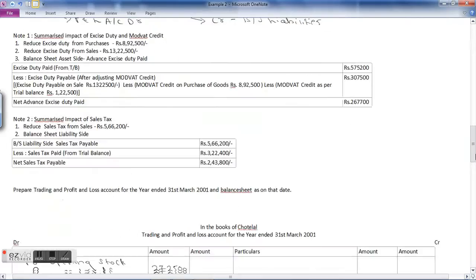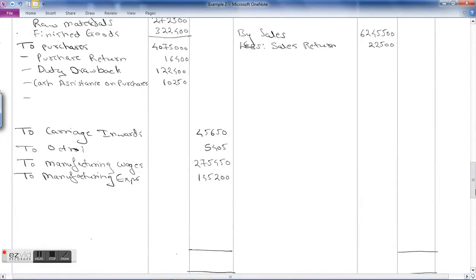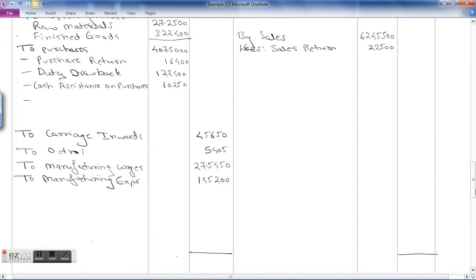So trading account credit side, by closing stock, raw material, finished goods.